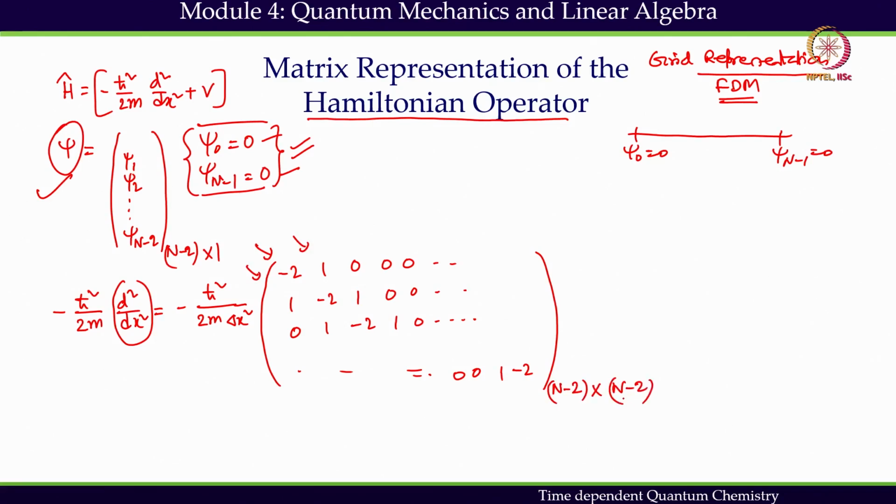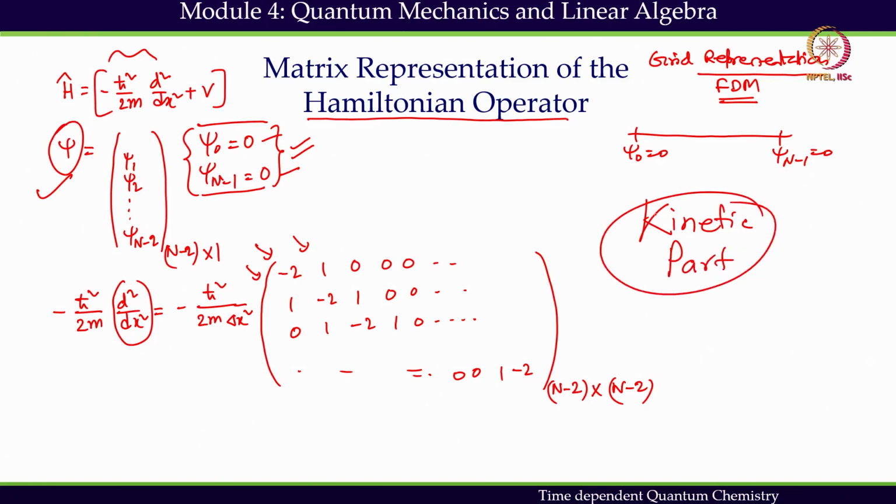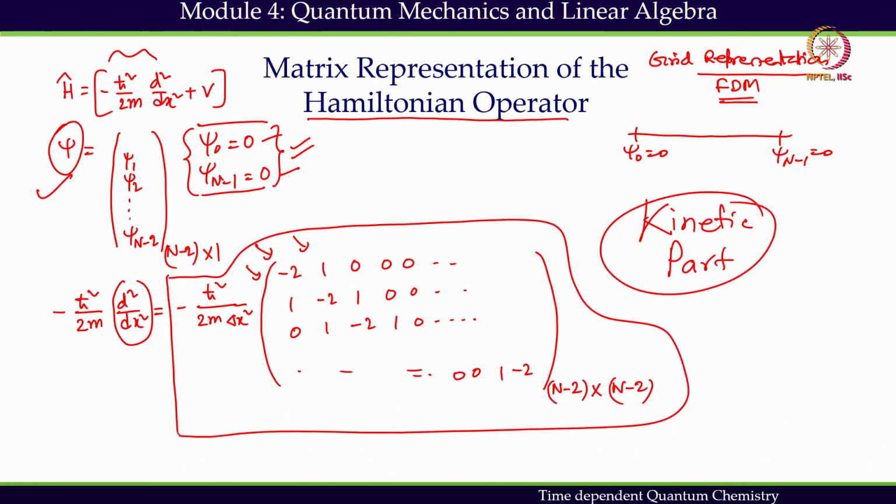What I get is that the kinetic part is represented by this matrix under grid representation with the help of this finite difference method.